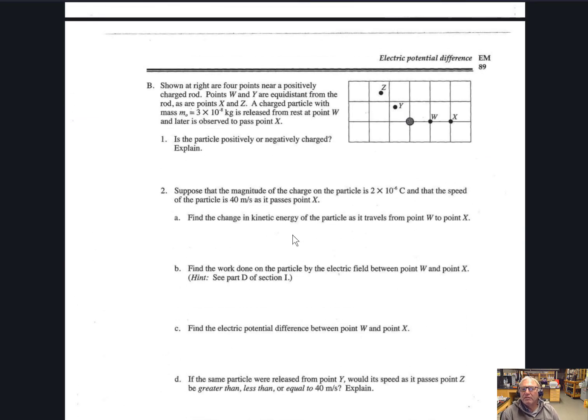Okay, 4 points, equidistant. Charged particle of mass is released from point W and is later the particle. Let's see. So it's positive.